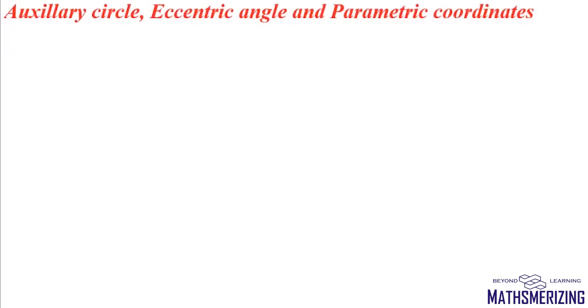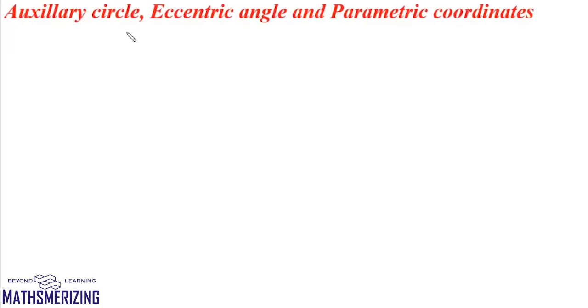Now in case of ellipse and hyperbola, before studying characteristics of standard equations, we'll study auxiliary circle, eccentric angle, and parametric coordinates. So suppose we have any ellipse which is x square upon a square plus y square upon b square equals 1, and we can draw this ellipse.